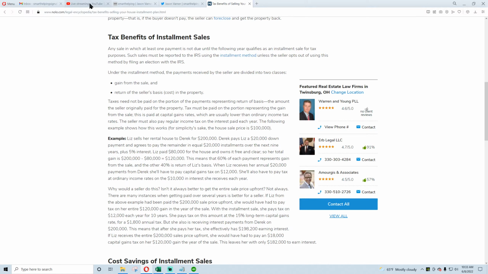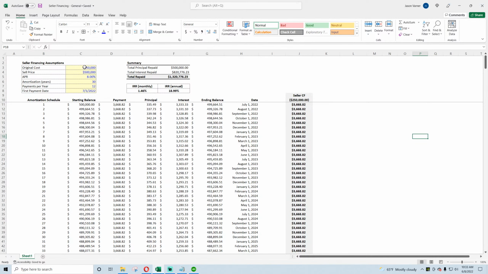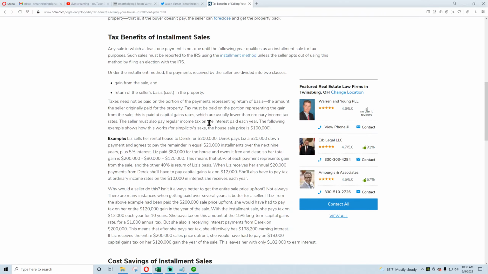Okay, so that's saying up to $250,000 of payments received are not taxed. Now, what about the interest? Tax must be paid on the portion representing the gain. This is paid at capital gains rates, which are usually lower than ordinary income rates, right?